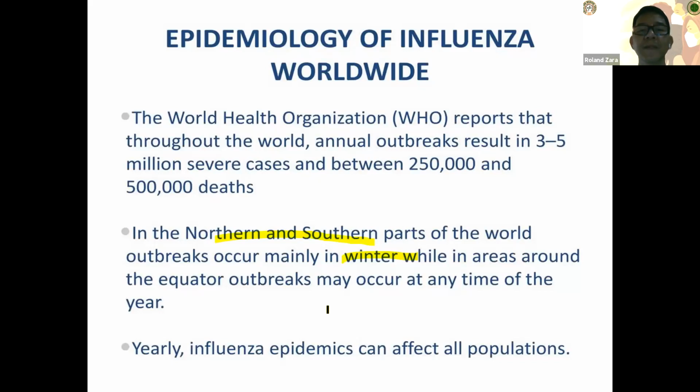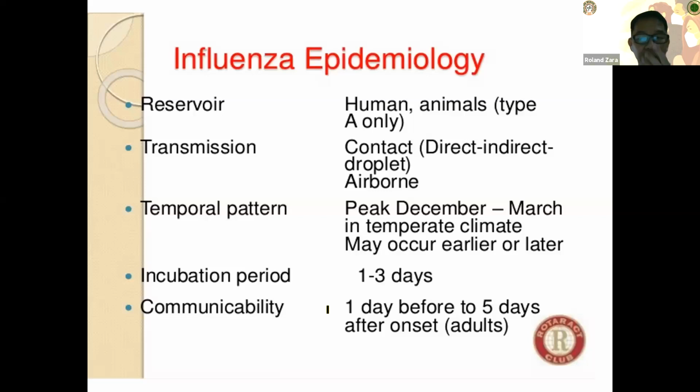The reservoir is humans and animals, common sa type A. Your antigenic shifting usually happens in type A. Transmission is by direct or indirect contact, and it can be droplet or airborne. The temporal pattern usually peaks in December and March in temperate climates. The incubation period is usually 1 to 3 or 1 to 4 days, and they are communicable or infectious from a day before to 5 days after the onset in adults.